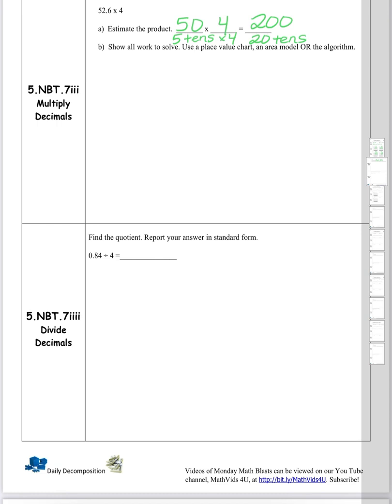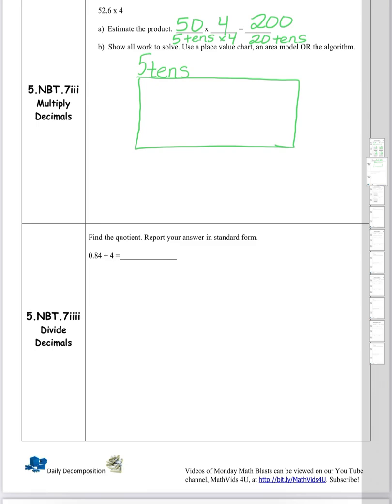Show all work to solve. Use a place value chart or an area model or the algorithm. So I'm going to go with the area model for this problem. I'm going to draw my area model here, and I want tens. I'm going to have 5 tens.